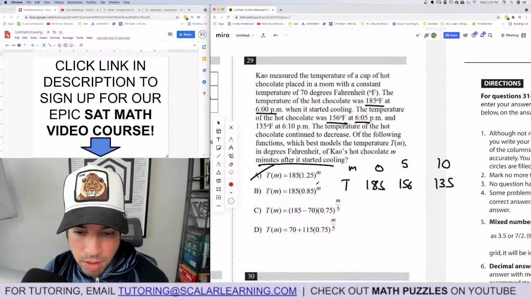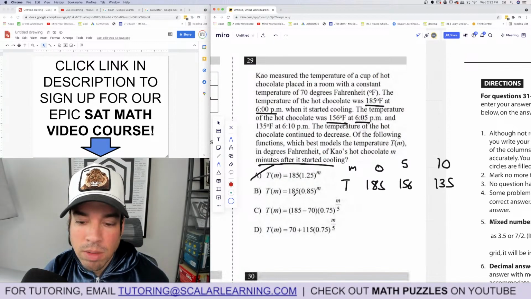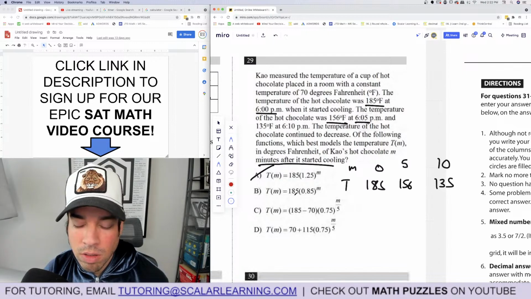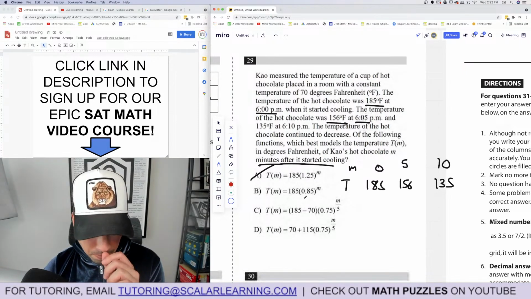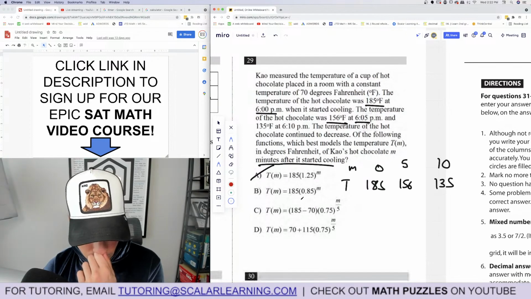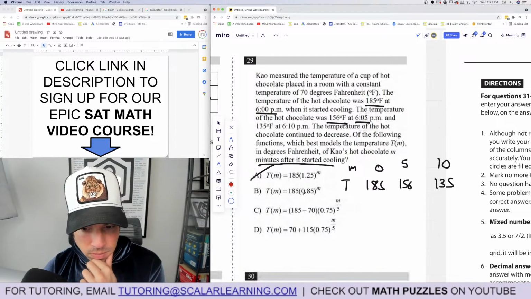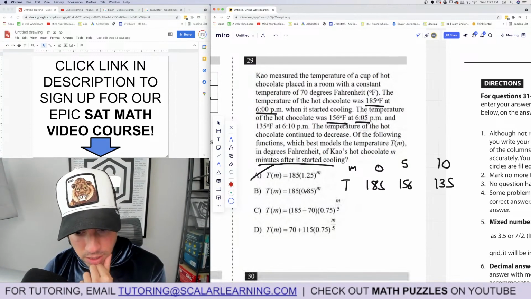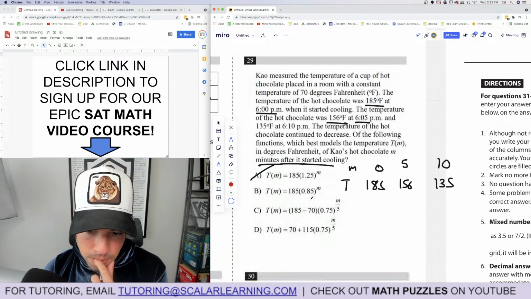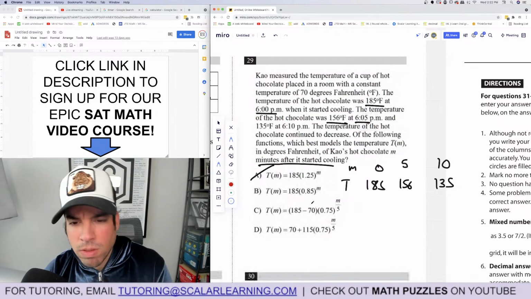Let's see. And then starting at 185, that's correct. Wait a minute. Hold on. This is the right starting value. Plug in 0. I get... Hold on a second.